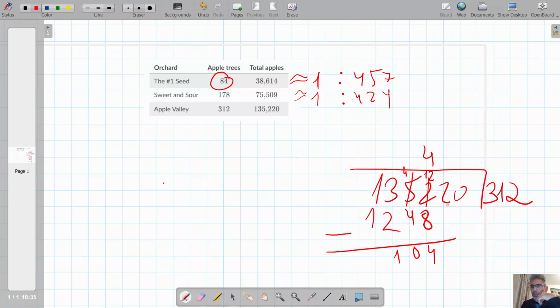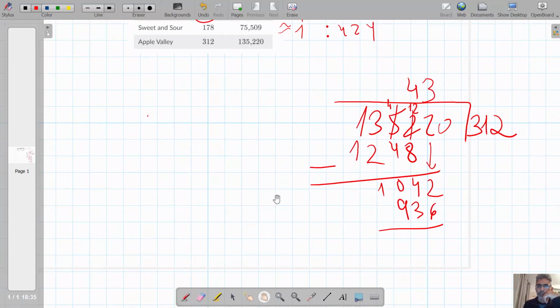Okay, and we bring down the 2. 3 times is 936. Okay, so here we left 3. Here it becomes 12. 12 minus 6 is 6. 3 minus 3 is 0. And here we're left with 1.